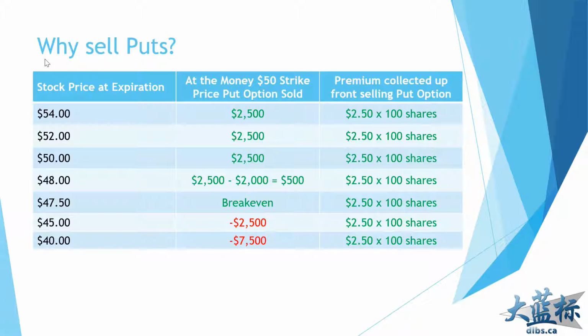And if you were really, really wrong, then your obligation is to buy these shares at $45 or even possibly $40, knowing the market price is $50. So those are scenarios where you either buy them at a heavy discount and now become a stake owner in that company for a little bit longer term, or you could close out your position prior to expiration.